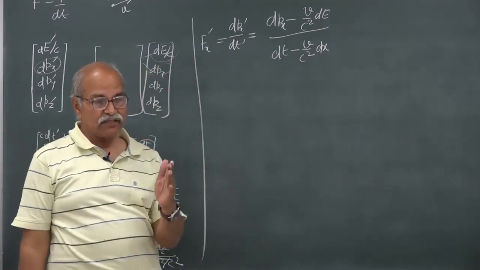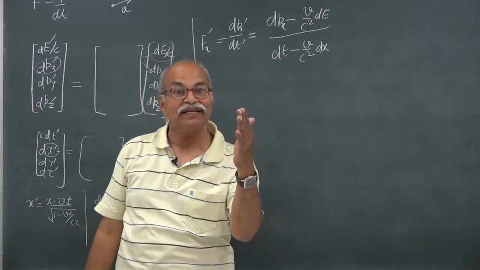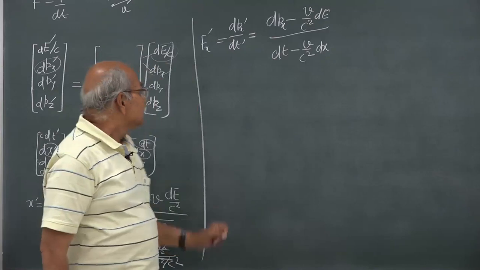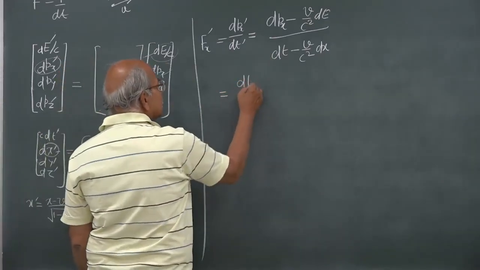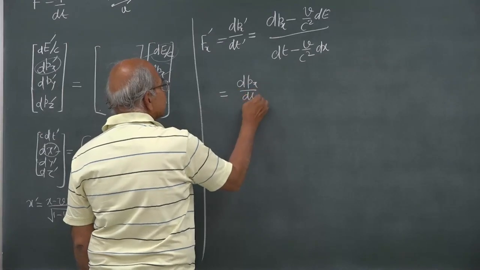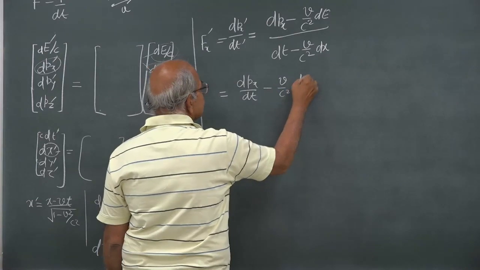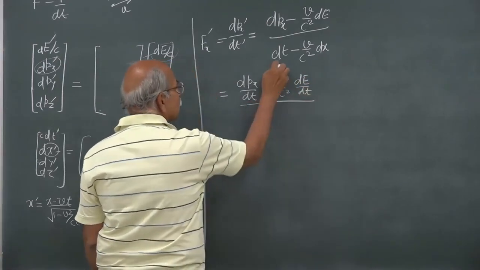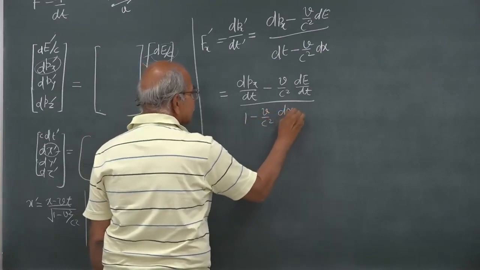Remember, dx, dy, dz is the displacement of the particle as seen from S in time dt. So divide by dt: this is equal to dpx by dt minus v by c square dE by dt, divided by 1 minus v by c square dx by dt.